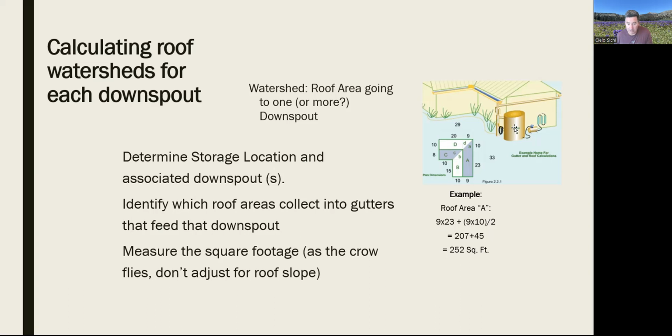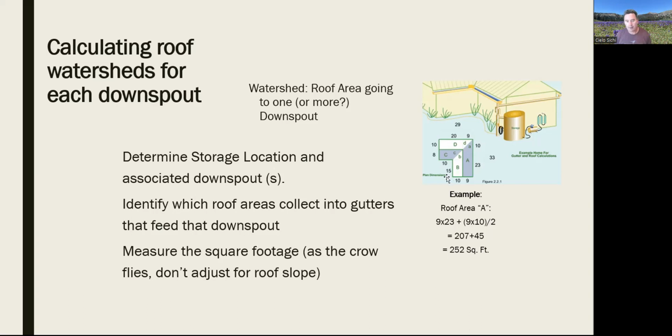Now, when you measure the square footage of that roof that's potentially going to feed the downspout that's going to fill your tank, you want to measure it sort of as the crow flies, or in plan view. Don't take into account the angle of the roof because you're looking at square footage of area that rain will fall. The fact that that roof is angled doesn't increase the amount of surface area from a plan view standpoint.